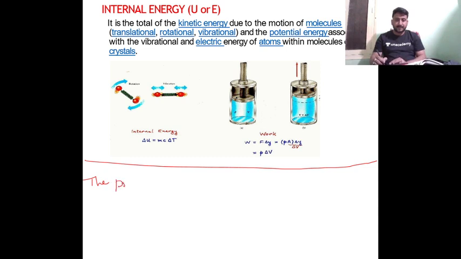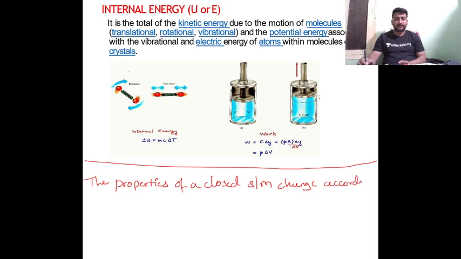The properties of a closed system change according to PV equal to 3.